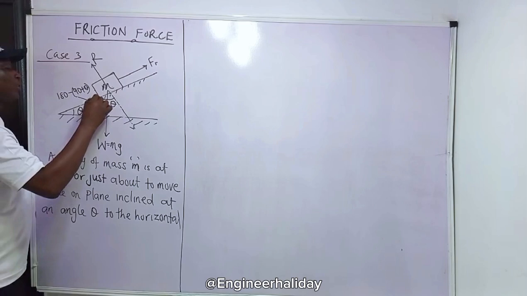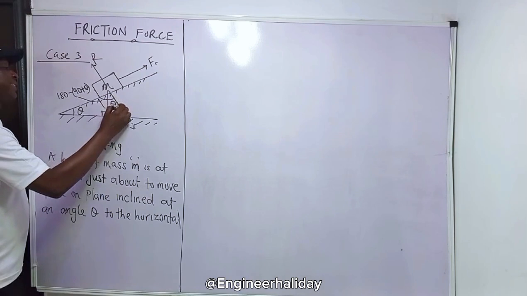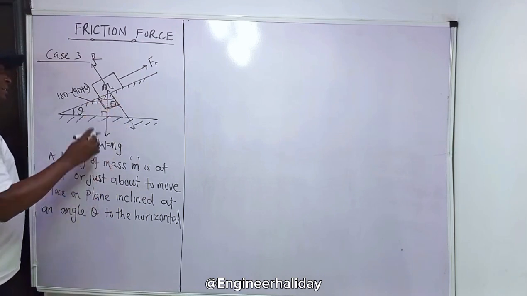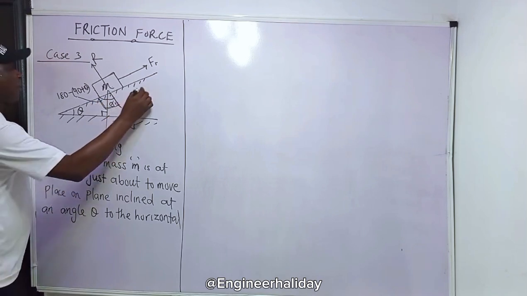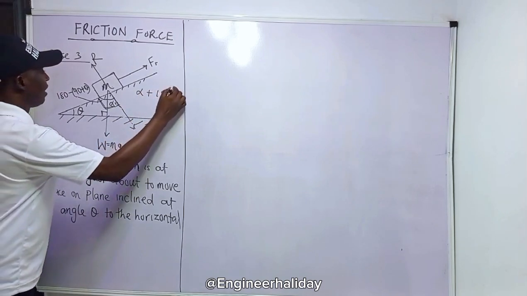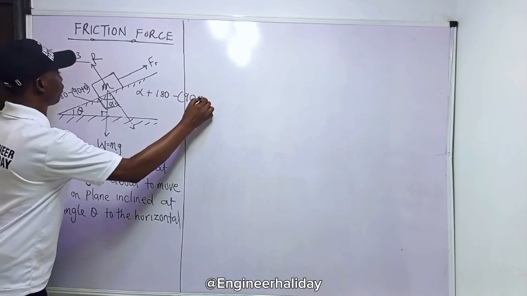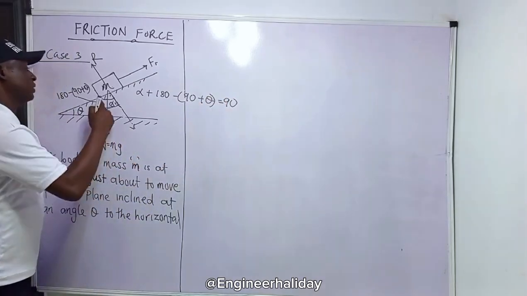Knowing that this is perpendicular, that means 90 degrees, let's call this one alpha. Alpha plus (180 minus (90 plus theta)) should be equal to 90, because this is a right angle.